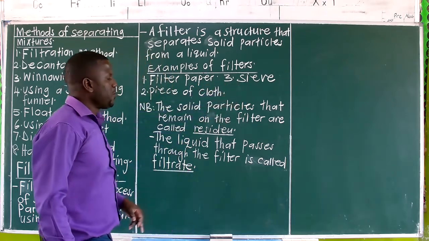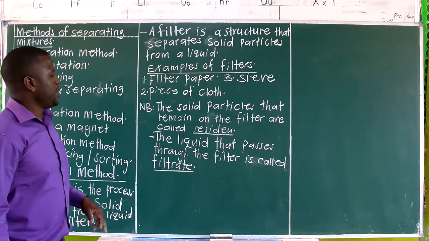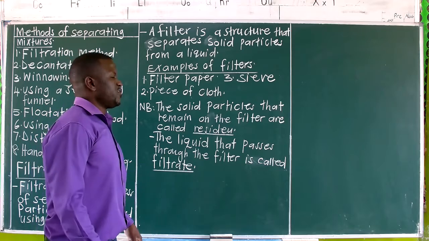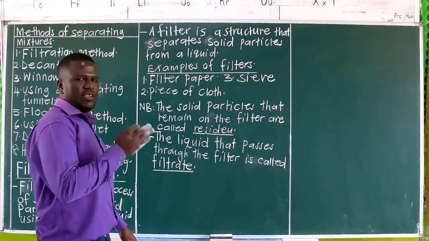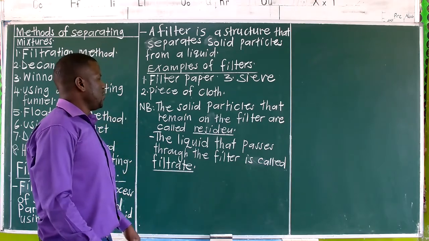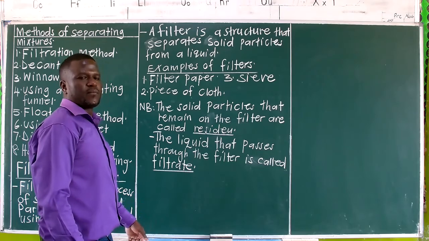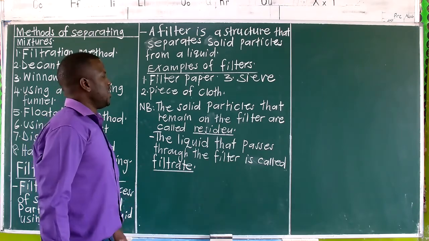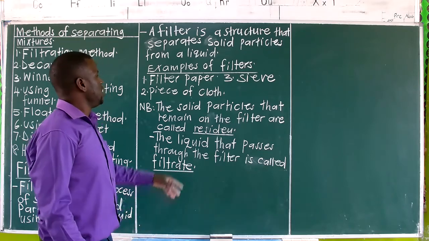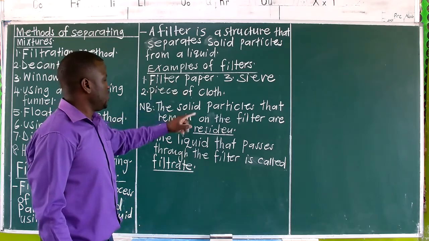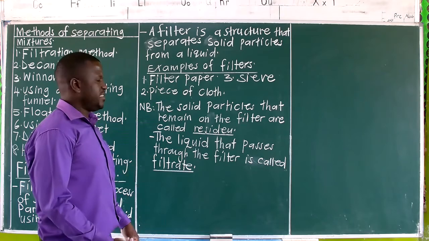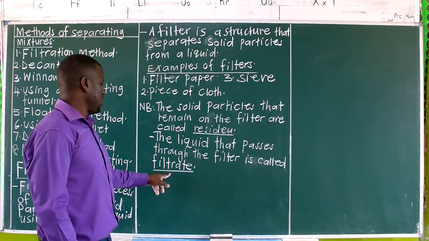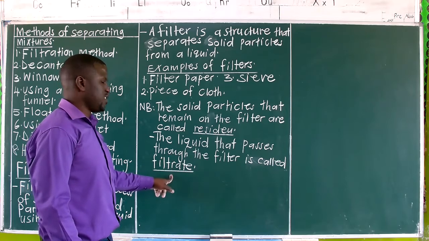For example, if you prepare tea, you can use a sieve to separate tea leaves from tea. So those tea leaves will remain on the sieve, and the tea leaves will be called residue. Then the tea that passes through the sieve, we shall refer to it as filtrate.